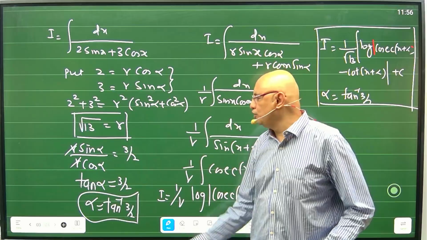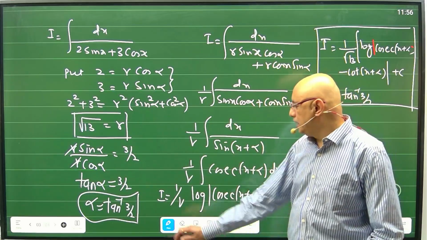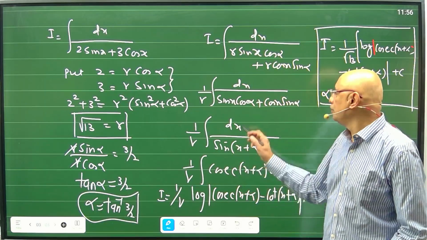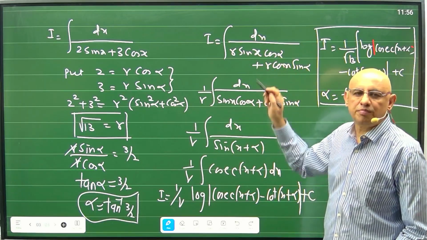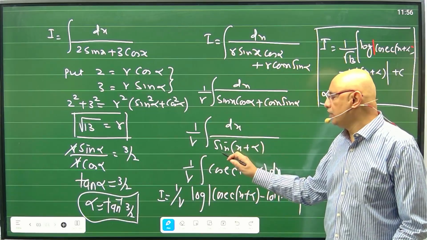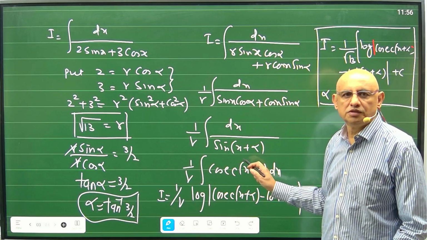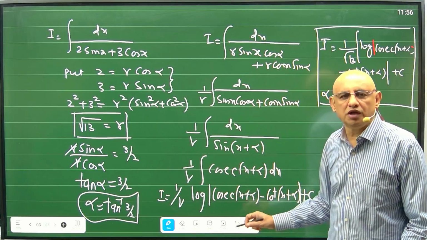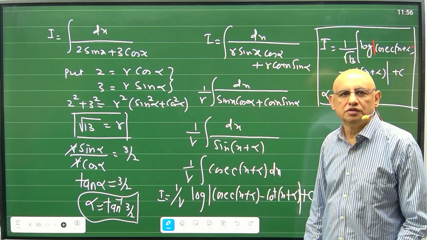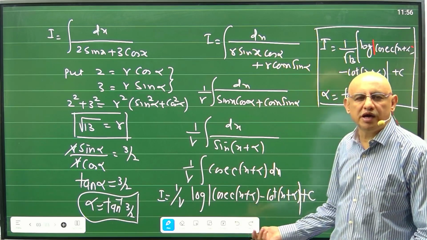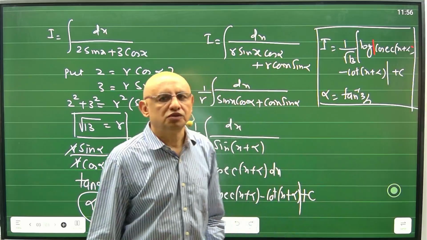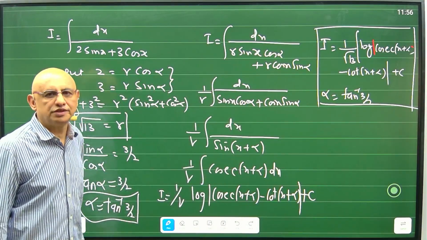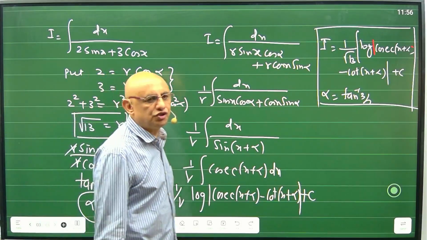Values remain the same, but here instead of sine we would get cos A cos B plus sin A sin B. So you'll get 1 by cos of x minus alpha, and it will be the sec formula, log of sec plus tan, with minor changes, but that is allowed. So you have both options: put 2 equal to r cos alpha or 3 equal to r sin alpha, and vice versa. You can interchange.